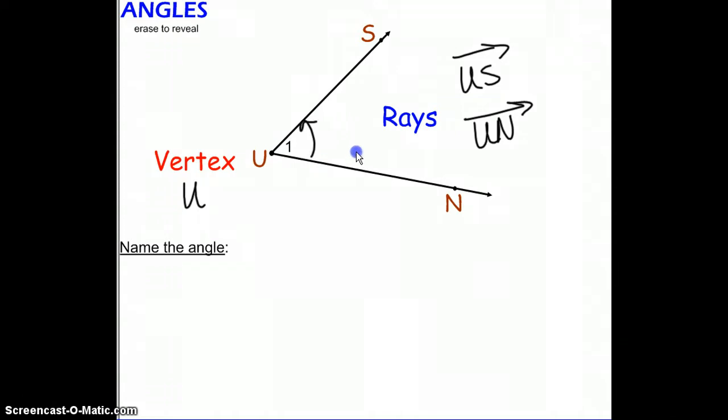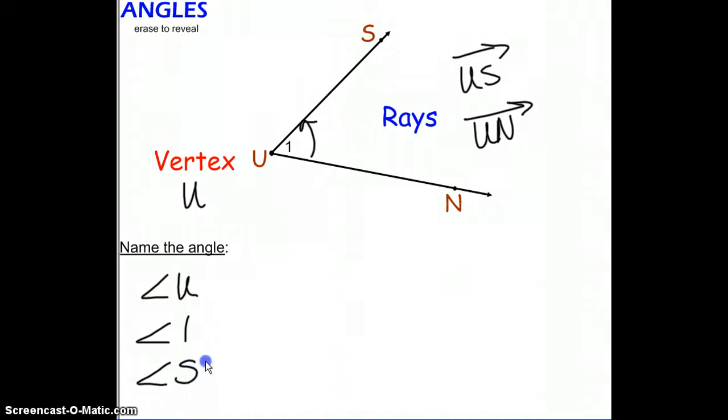So in order to name an angle, we can do that in a couple different ways. We can name it by its vertex, as long as there's only one angle with that vertex. We could name it with a number, if the angle is numbered. We can also use three letters that discuss the rays and the vertex.